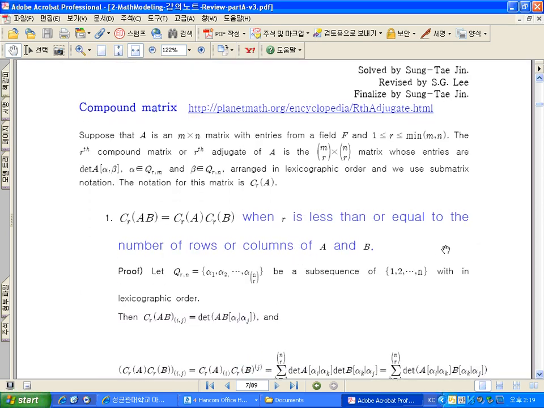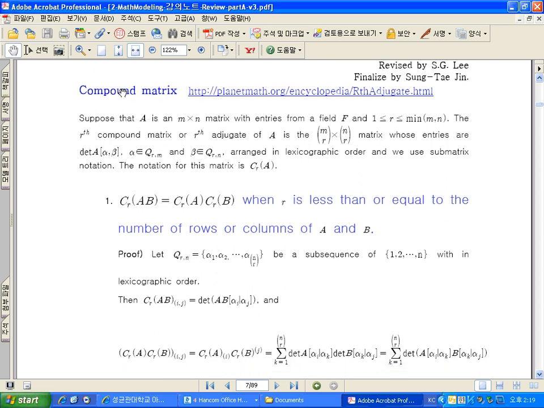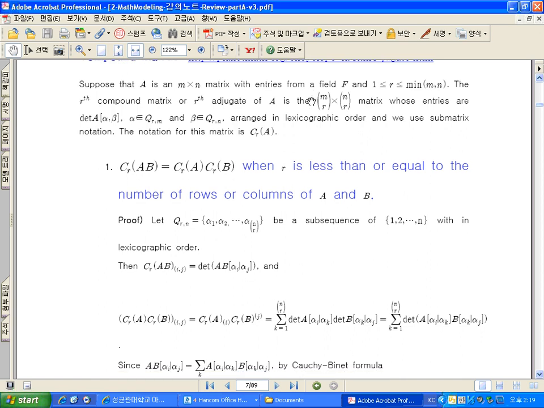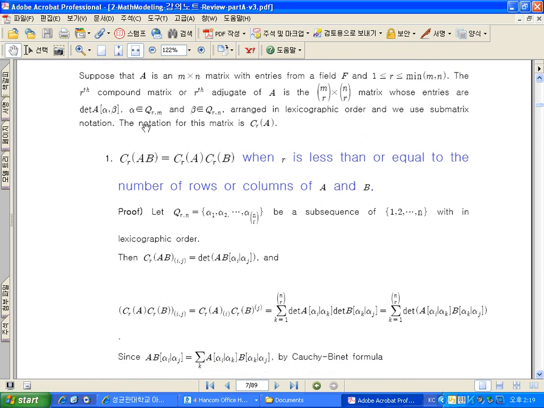Okay, here first, for the compound matrix, you will be able to find the related information from web resources, and here we supply some rigorous proofs on the properties of the compound matrix.